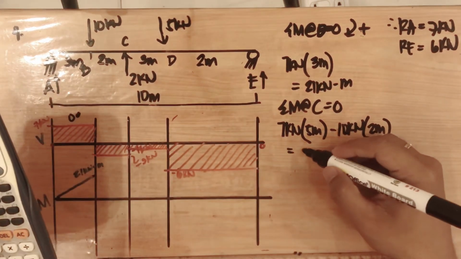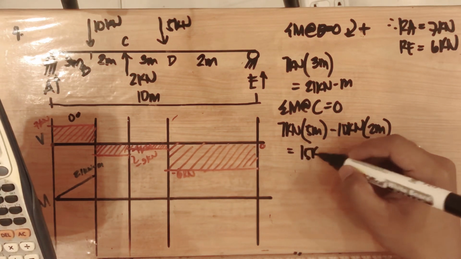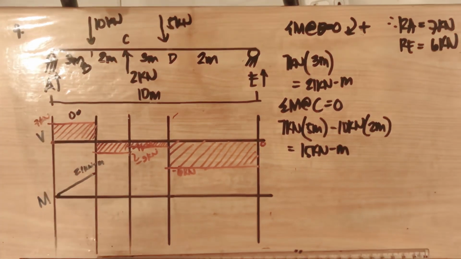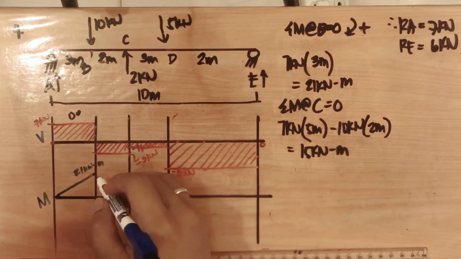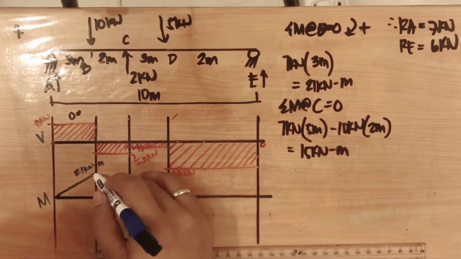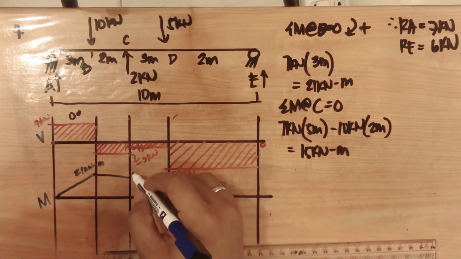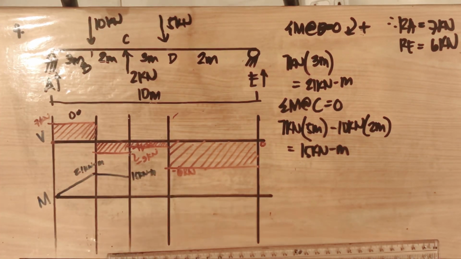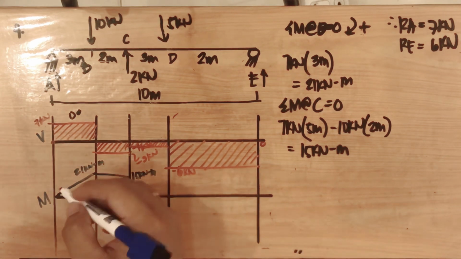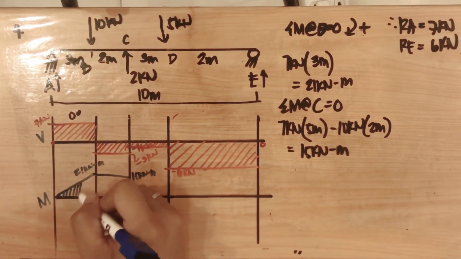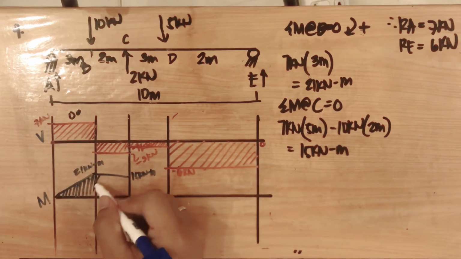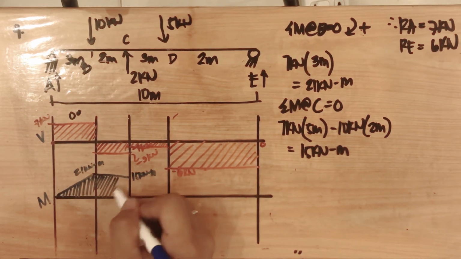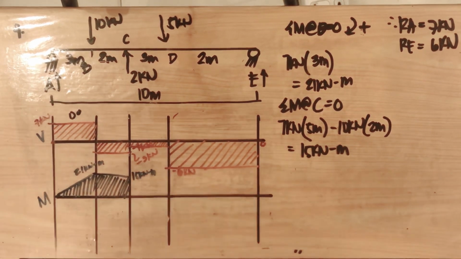So, moment at C is equivalent to 15 kilonewton per meter. So, ibig sabihin, from 21 kilonewton per meter, bumaba tayo ng 6 kilonewton per meter. So, ayan. 15 kilonewton per meter. So, ito na yung moment diagram natin from point A up to point B. Ayan. And B up to point C.